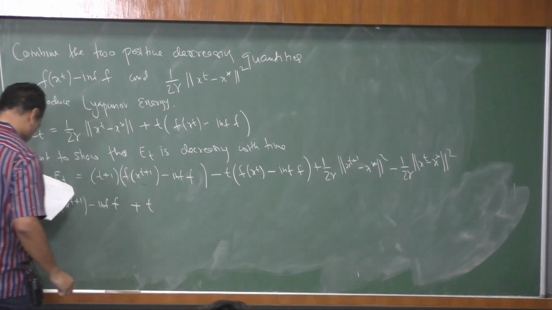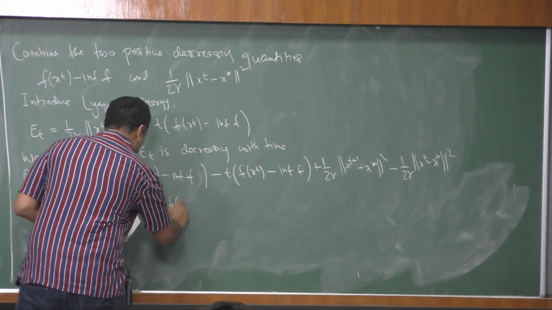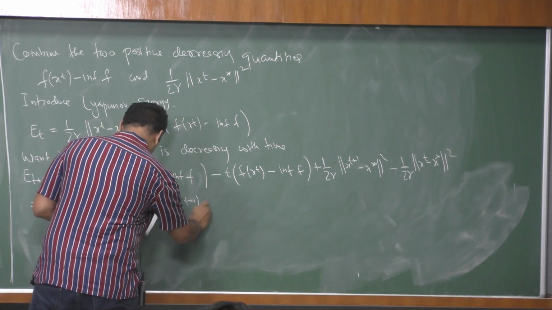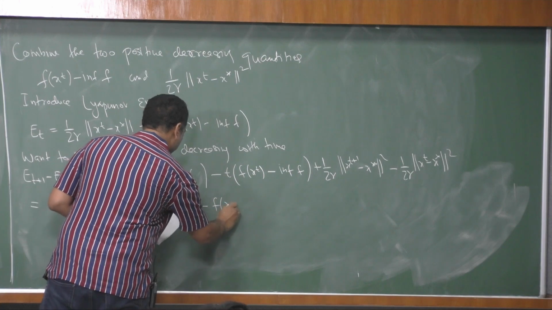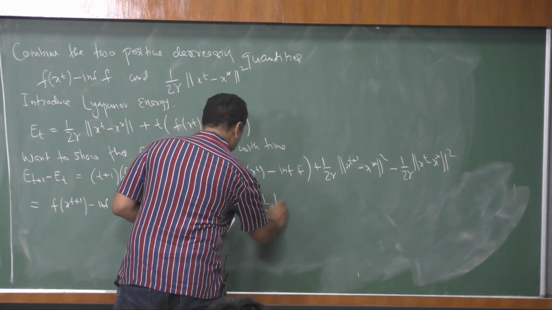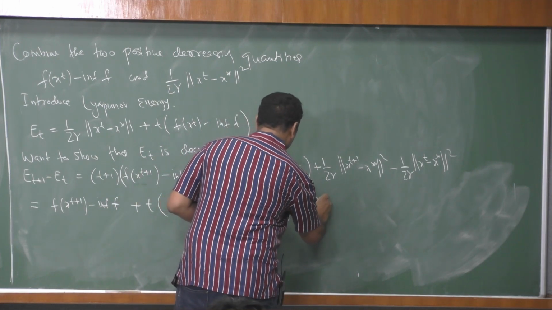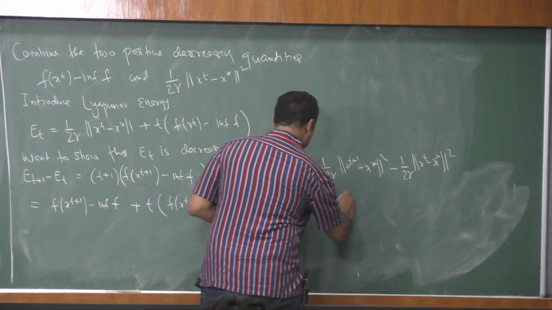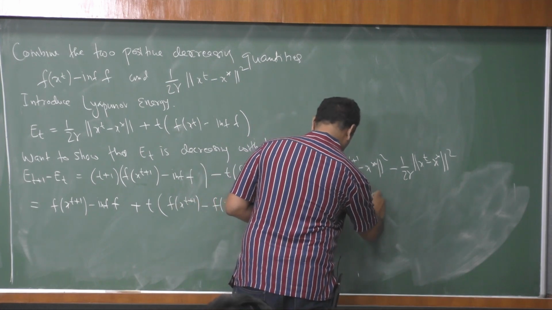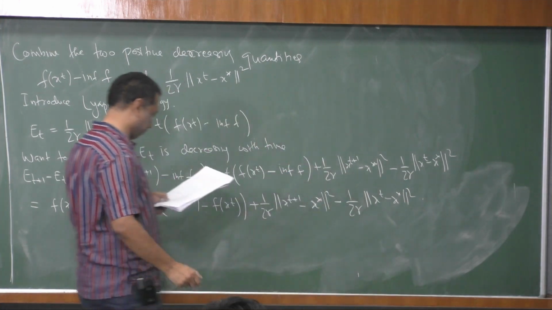So basically they are putting things with t and then without t. So f(x_{t+1}) minus f(x_t), plus the remaining term, (1 minus gamma)... x_{t+1} minus x star squared, minus 1 by 2 gamma. You just copied the other terms. Okay.